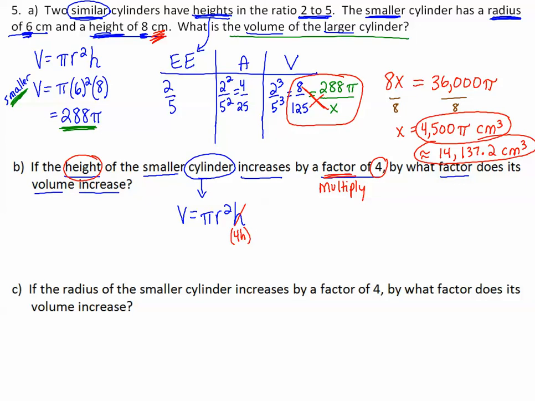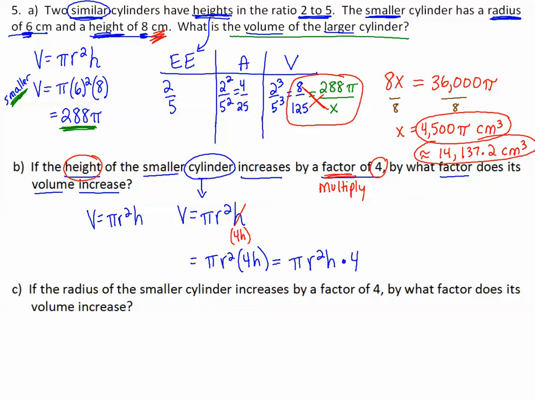So how does that change our formula? The volume is pi radius squared times 4h. If I want to rearrange that, so I get back to my volume equals pi radius squared h, I'm just going to use my associative property and move the 4 over so it looks like this. Pi radius squared height and then times 4.